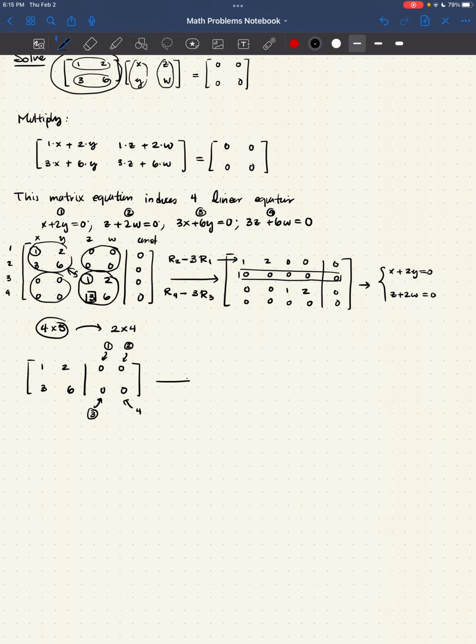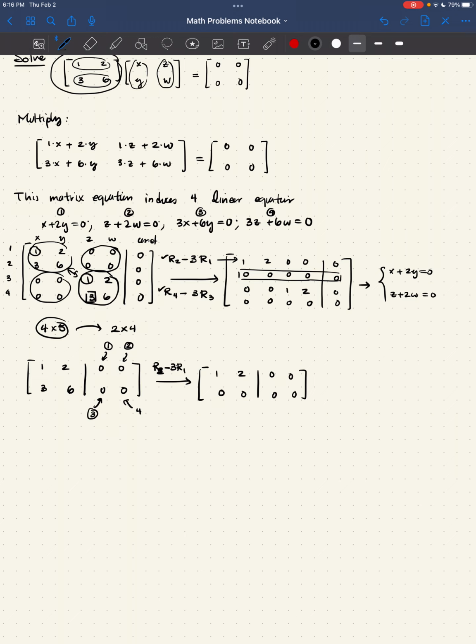And now, instead of performing two operations just as we did above, we're going to perform one: row number 2 minus 3 times row number 1. And thus we obtain this: 1, 2, 0, 0, 0, 0, 0, 0.